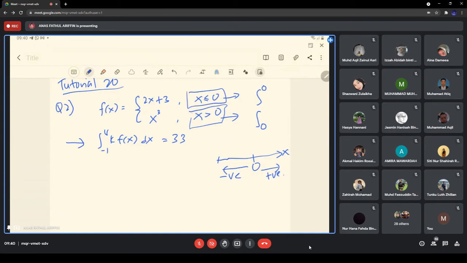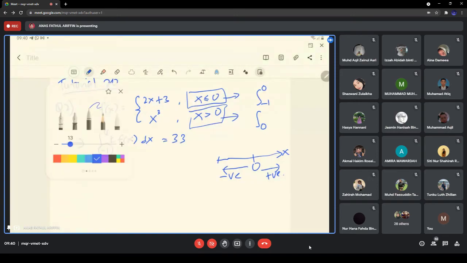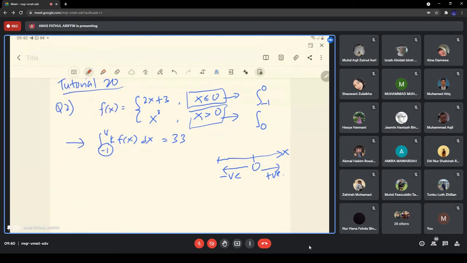So for x less than or equal to 0, lower limit dia kita ikut ni, -1. And for x greater than 0, upper limit dia? Tengok atas ni, 4. So untuk limit 0 to 4 ni function apa? Function x cube. Tapi kalau x less than or equal to 0, kita akan pakai function 2x plus 3.